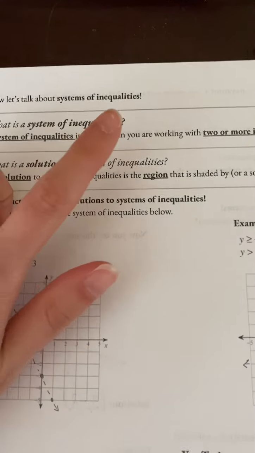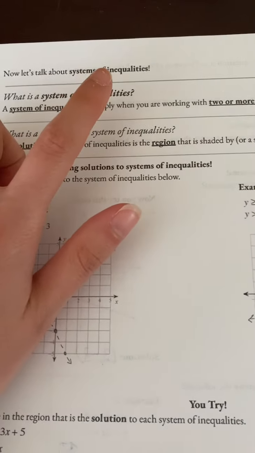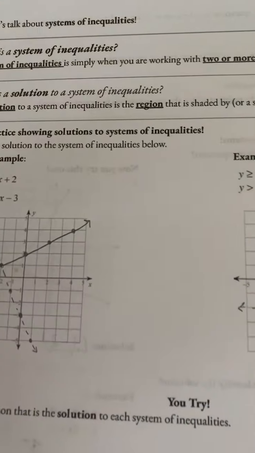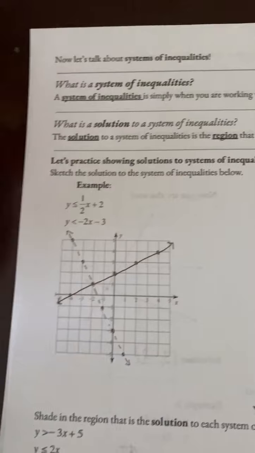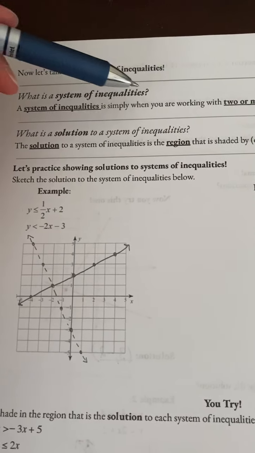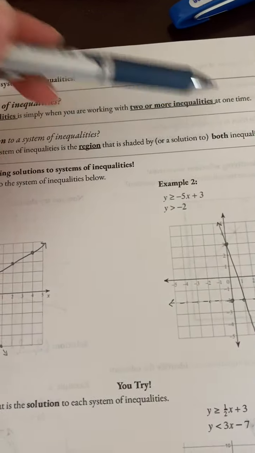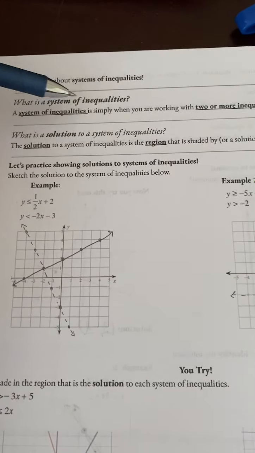So we're going to move on to the next page, which is talking about systems of inequalities. Before we were talking about systems of equations, now we're talking about inequalities like we were working with before. Similarly, a system of inequalities is just when you have 2 or more inequalities at one time, just like systems of equations.